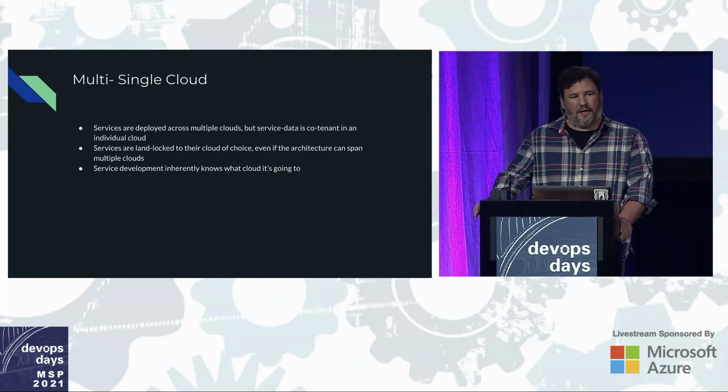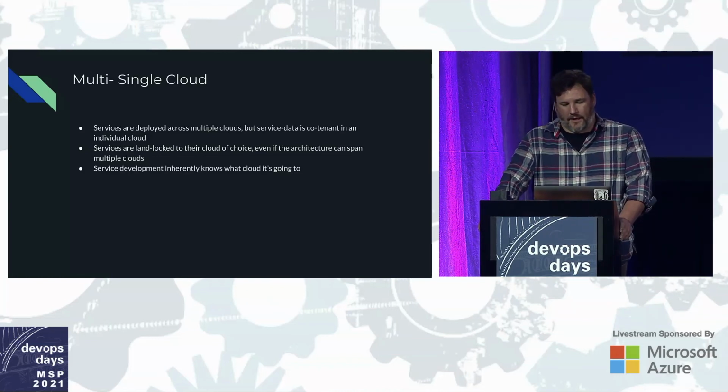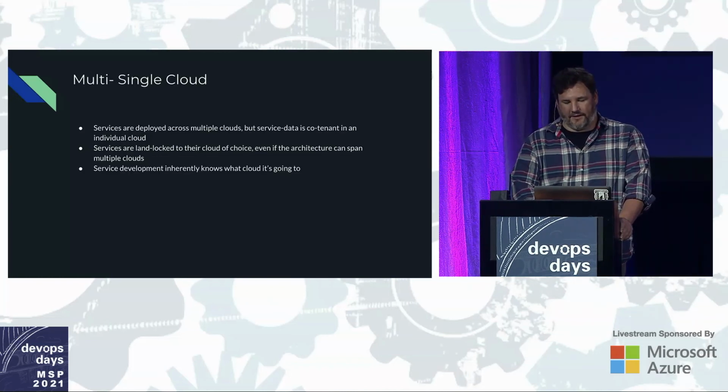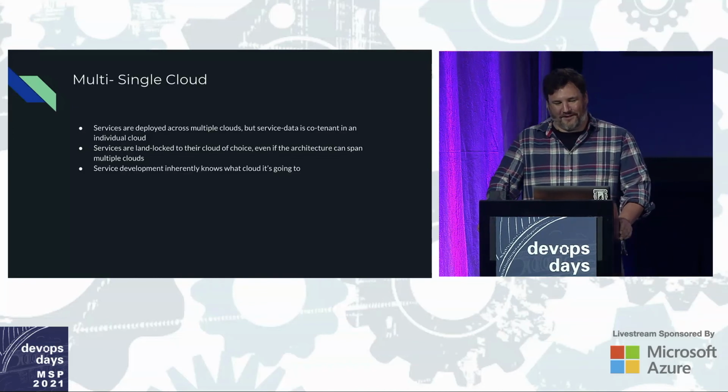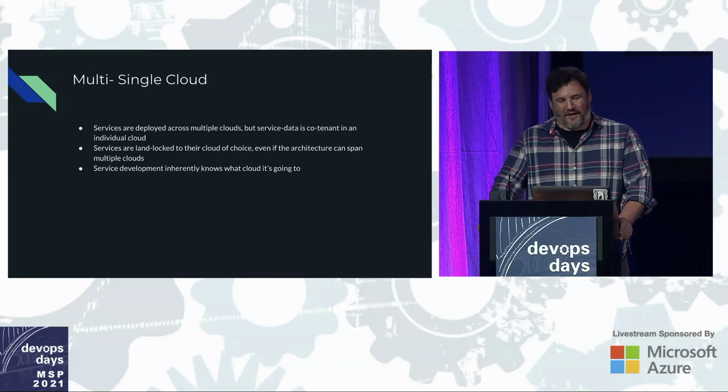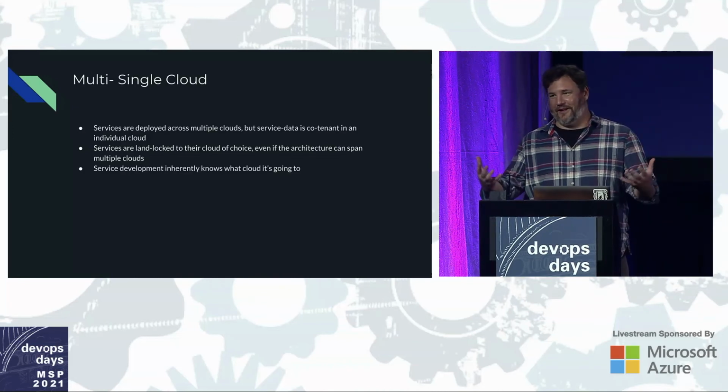Jumping from single cloud, there's another facet that I call multi-single cloud. And the interesting thing is that I think this is actually where most people are when they talk about multi-cloud. Multi-single cloud, I think you can kind of get a good idea of what this is.